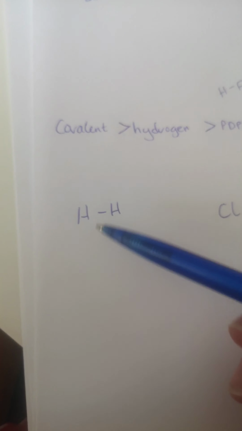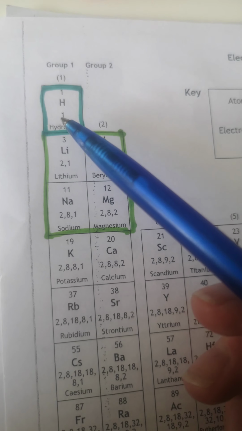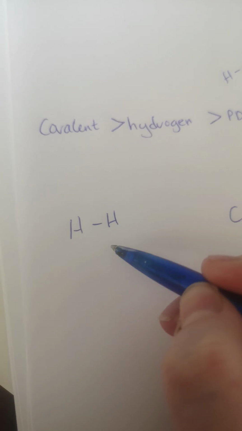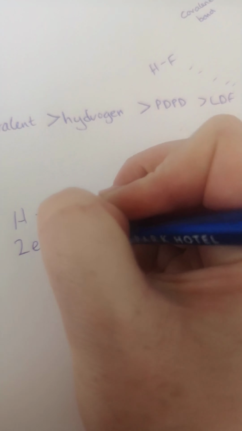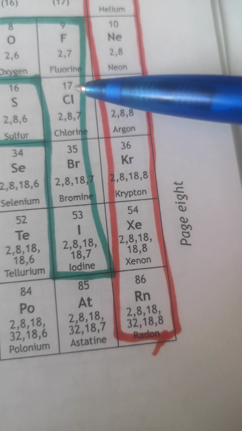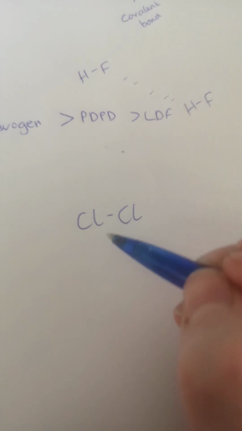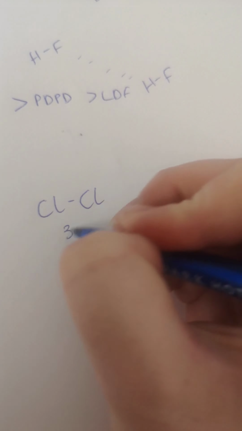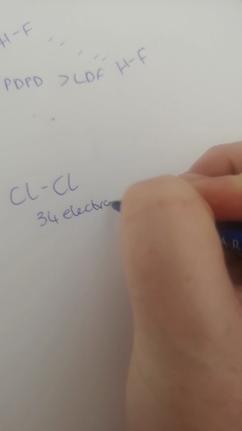Hydrogen's got 1 electron, so in a hydrogen molecule, you've got 2 electrons. In a chlorine molecule, chlorine's got 17 electrons, but because it's diatomic, 17 times 2 is 34 electrons.